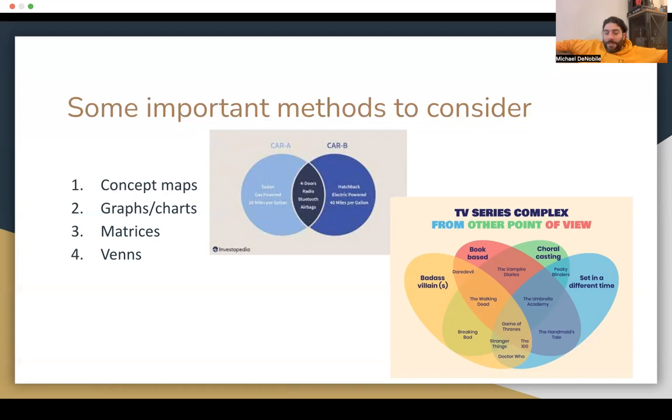So each time they overlap, it shows how it relates to the other one. So, for example, if we look at the Vampire Diaries, they are based off of a book, and they have choral casting. However, they don't have a badass villain, or they're set in a different time. They're set in modern day.